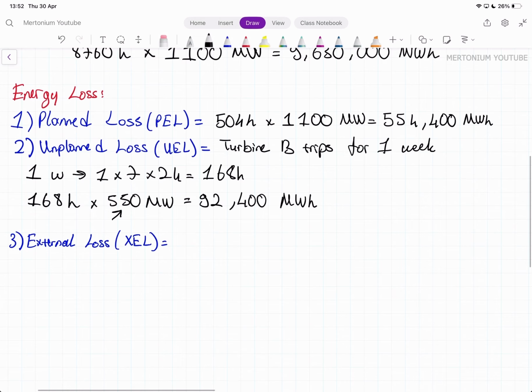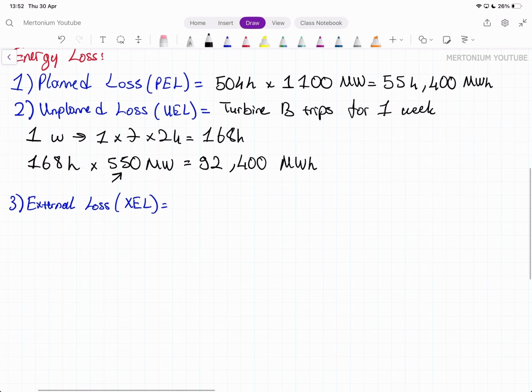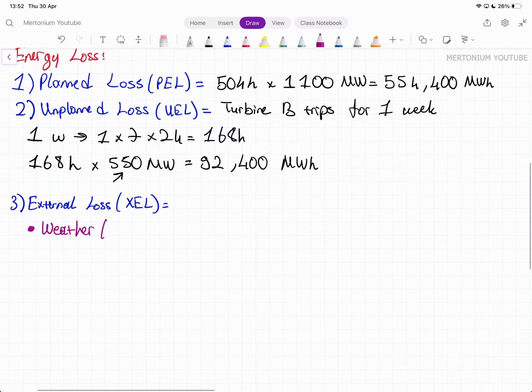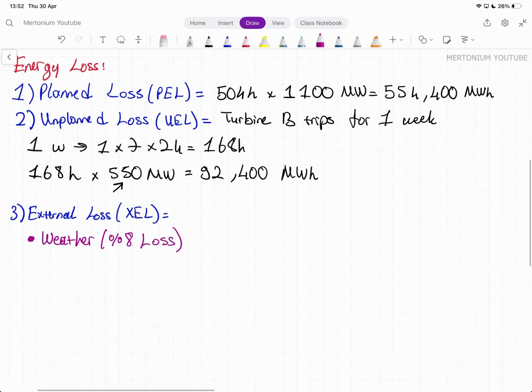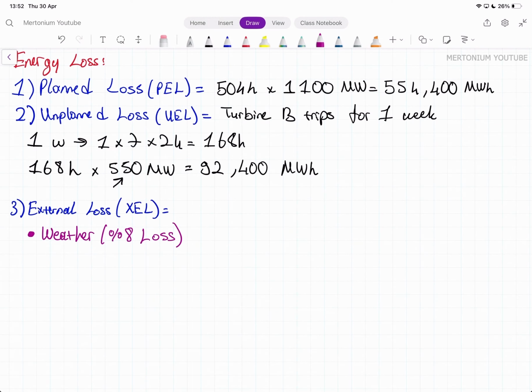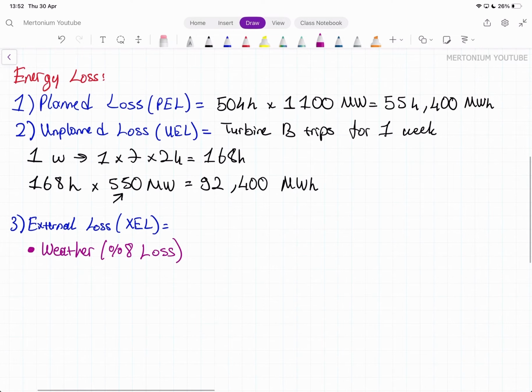Let's start our calculation. So first, the high temperature, let's say weather, and 8% loss, because we saw that the load reduced to 92%. 100 minus 8, 92.